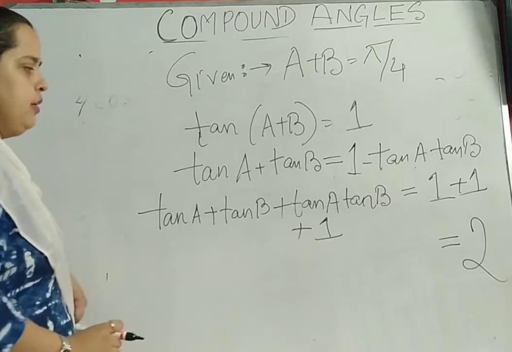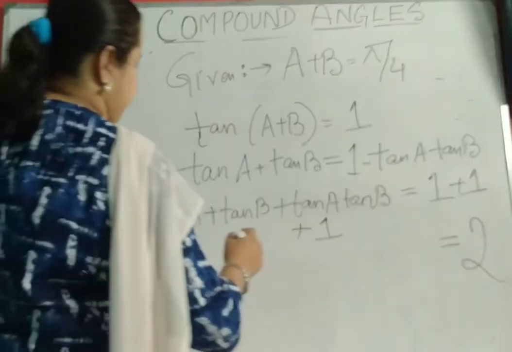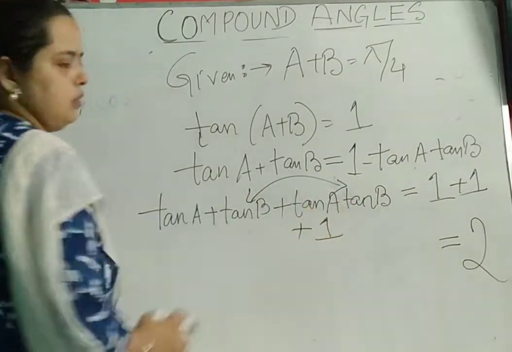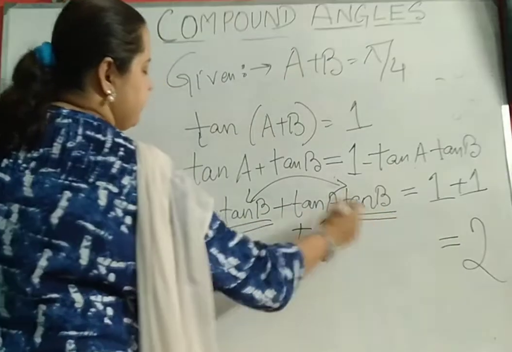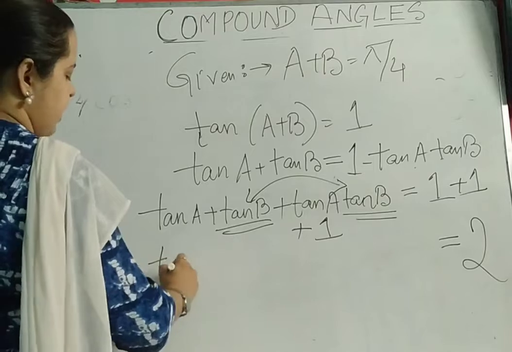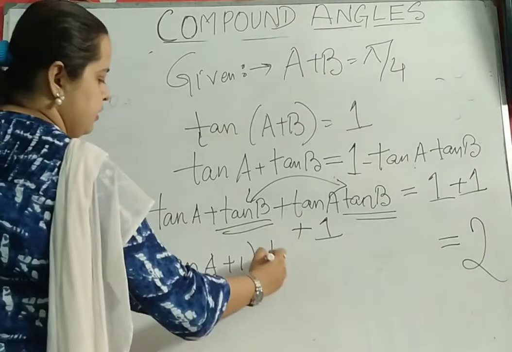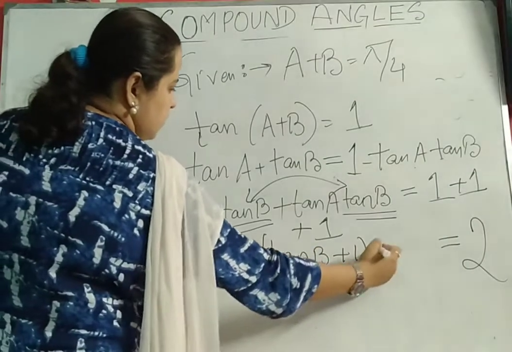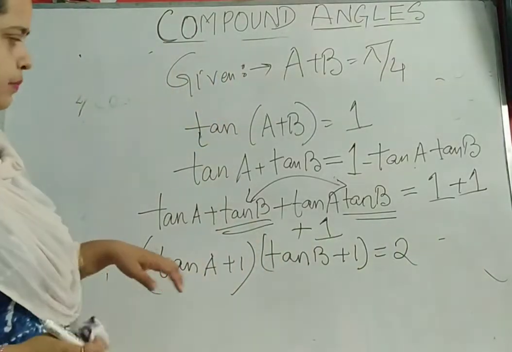Here I'm going to take something common. How can I take common? Say for example, look at this second term and the third term. What can I take from there? That is tan B. So I'm writing in a factorized manner, and I hope it will be clear to all of you. See what I did.